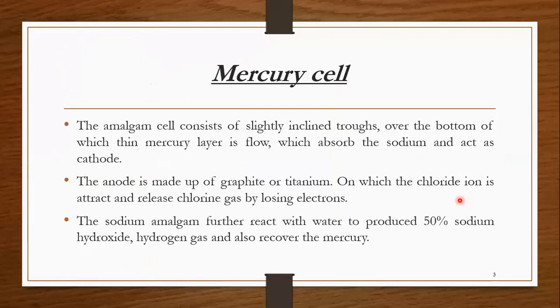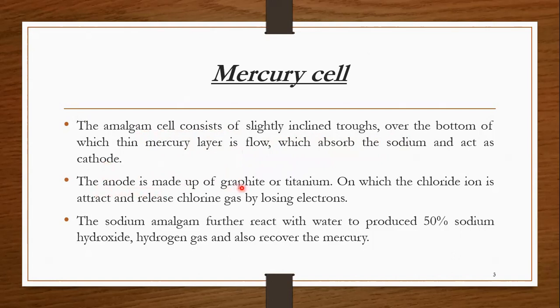Now, first of all, I will tell you about the mercury cell. Amalgam is an alloy of mercury. The amalgam cell consists of a slightly inclined trough, over the bottom of which a thin mercury layer flows, which absorbs the sodium and acts as a cathode.